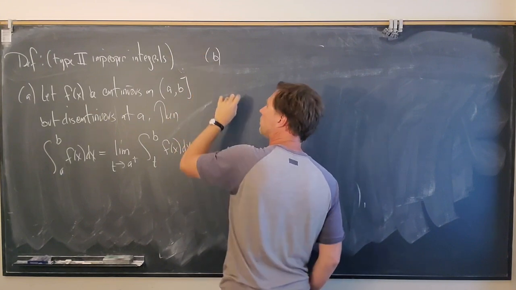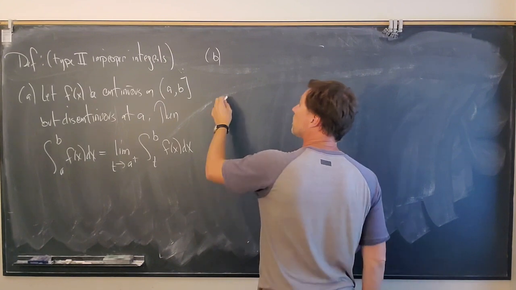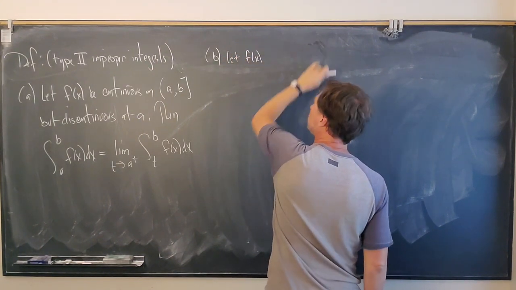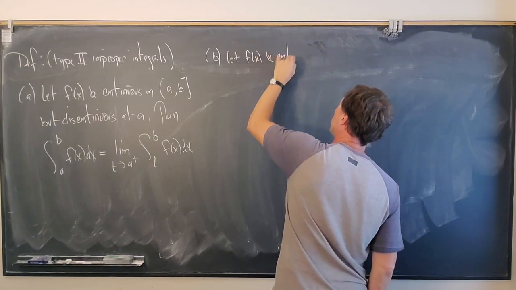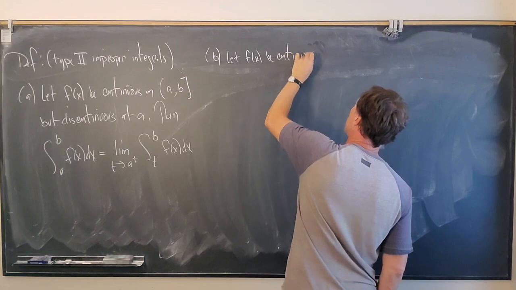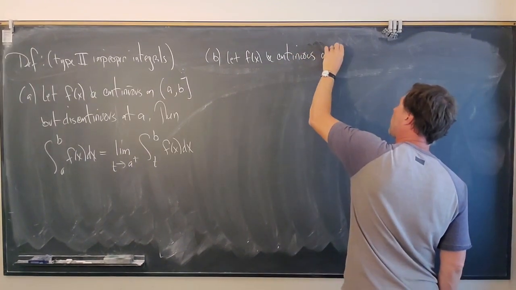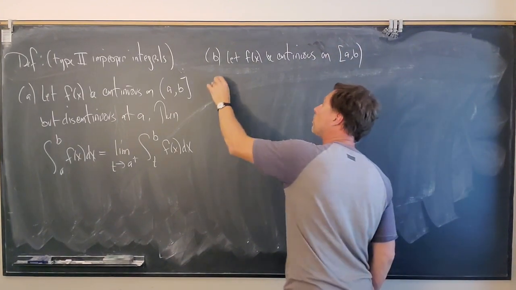Part B. Now we're going to just have the discontinuity occur at the other side. So let f of x be continuous on the interval, now closed at a, open at b, but discontinuous at b.